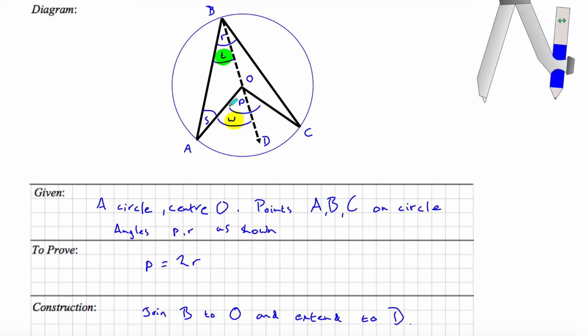That's what we're going to try and do. And once we do that on this side, it will be obviously the same on the other side then, by the same proof. And that will mean that the angle P is twice the angle R. So how do we show that the W angle in yellow is twice the T angle in green?